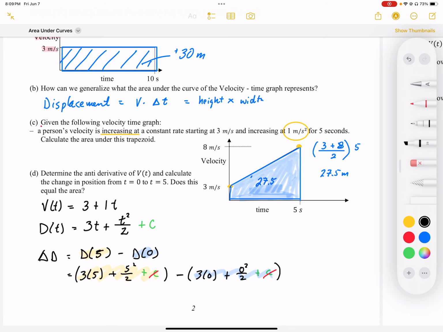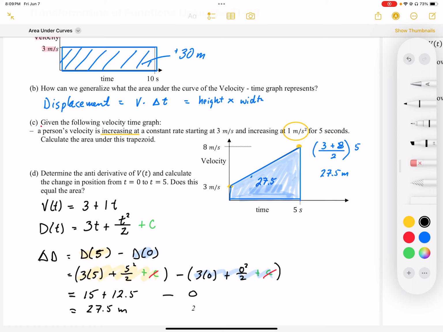And when I actually do this displacement calculation, I'm going to end up with 15 plus 25 over 2, or 12.5, minus 0, since that all calculates to 0. So the displacement I'm going to get is 27.5 meters.